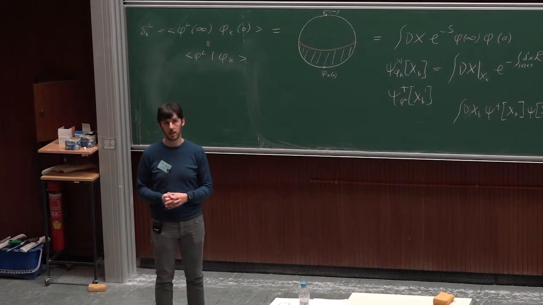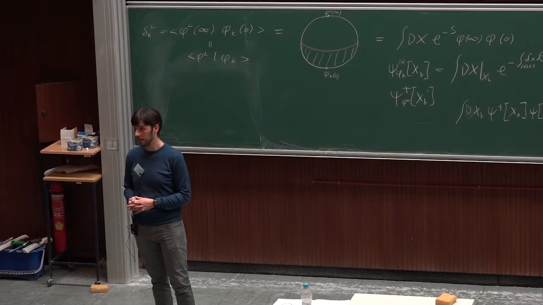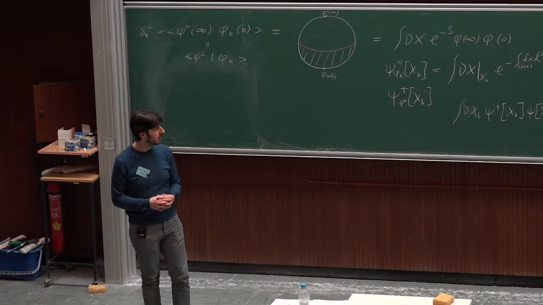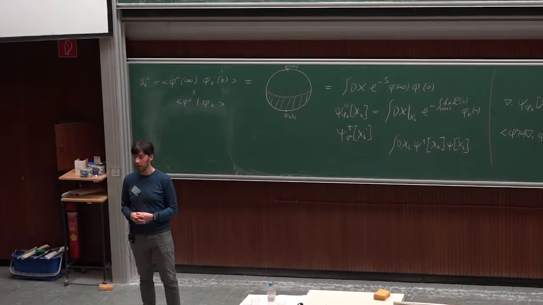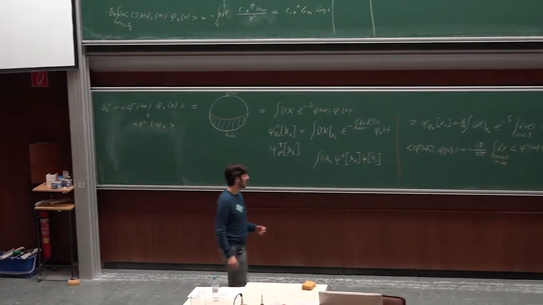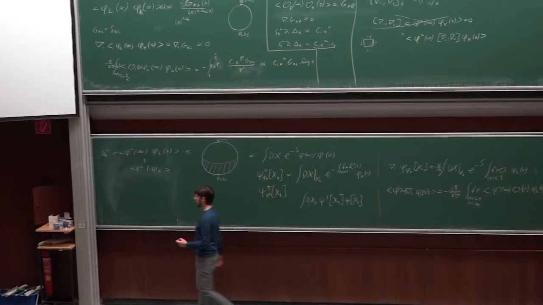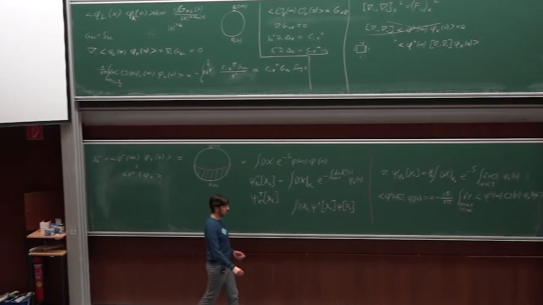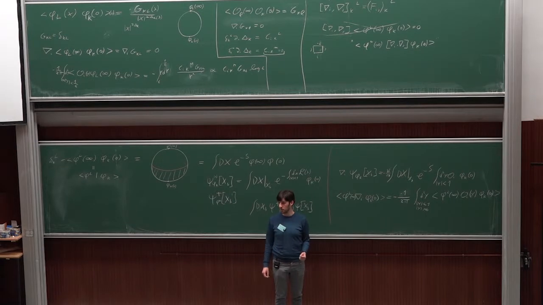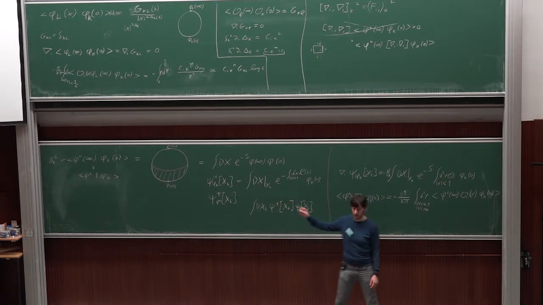Questions? I have to have one. To start, that thing looks suspiciously similar to how you were computing the variation of the two-point function. I mean, if you replace that one with one over epsilon, I guess. Yeah. So the comment is that this formula that I wrote is suspiciously similar to the one where I compute the variation of the two-point function.